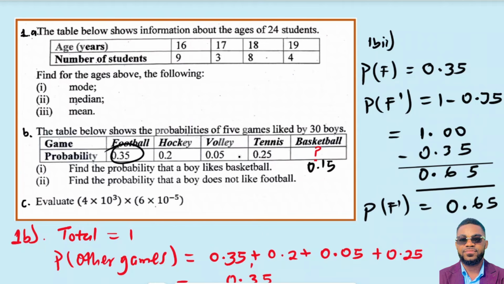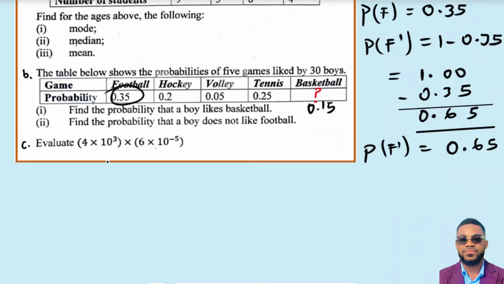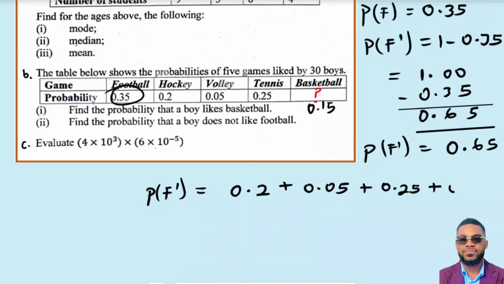You can also use an alternative method, like I was saying, to get the answer. You just have to add these probabilities. So let's try that one too here. So that's going to be this probability of not football. So that's going to be 0.2 plus 0.05 plus 0.25 plus 0.15.